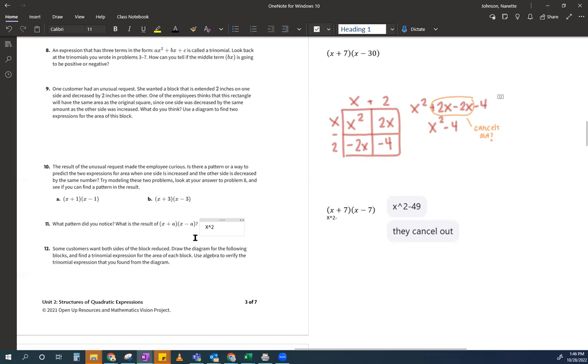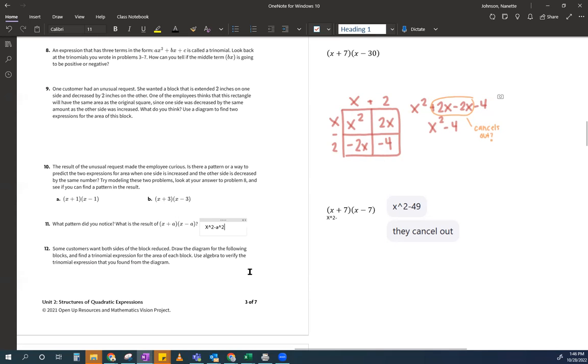And then it would be minus, and wait, where'd you get this 49 from? Yes, 7 times 7. Okay, so then what would go here? If it's x plus a and x minus a, it would be x squared minus, for this one right here, what would we put? Yeah, I know, it sounds weird.